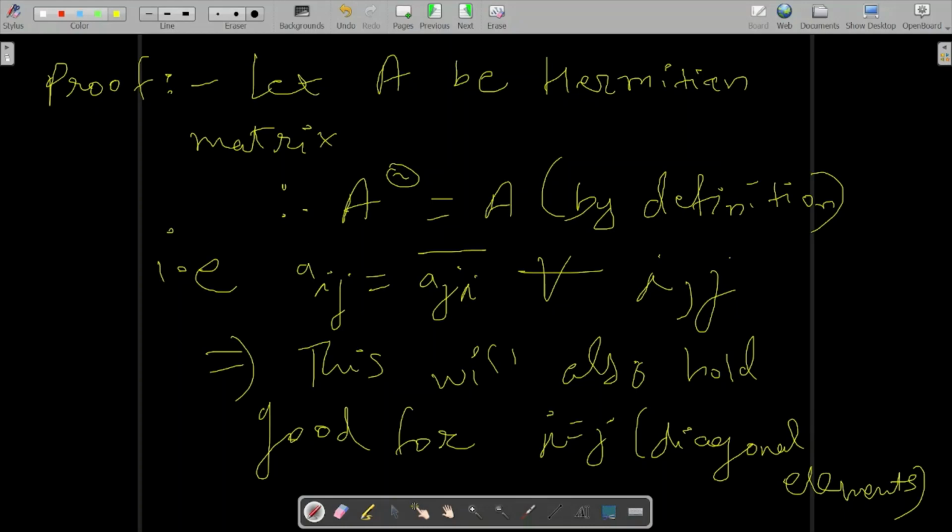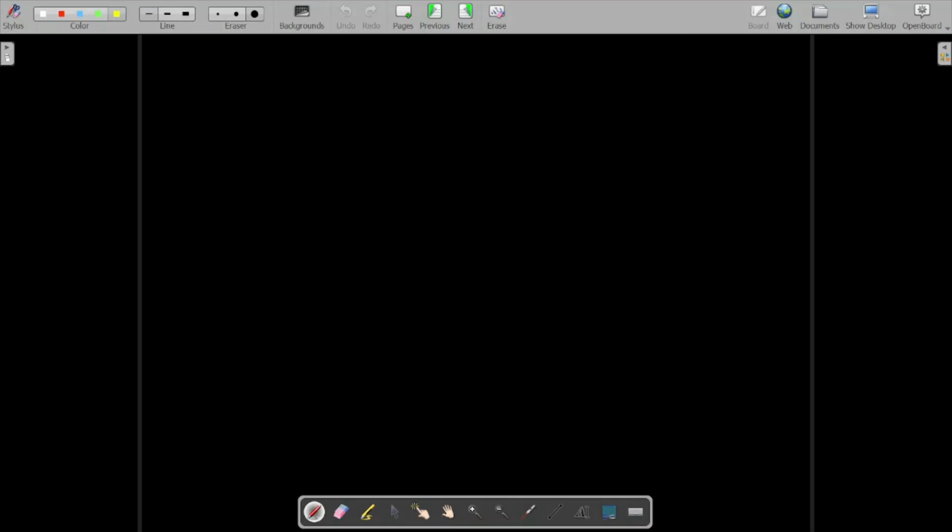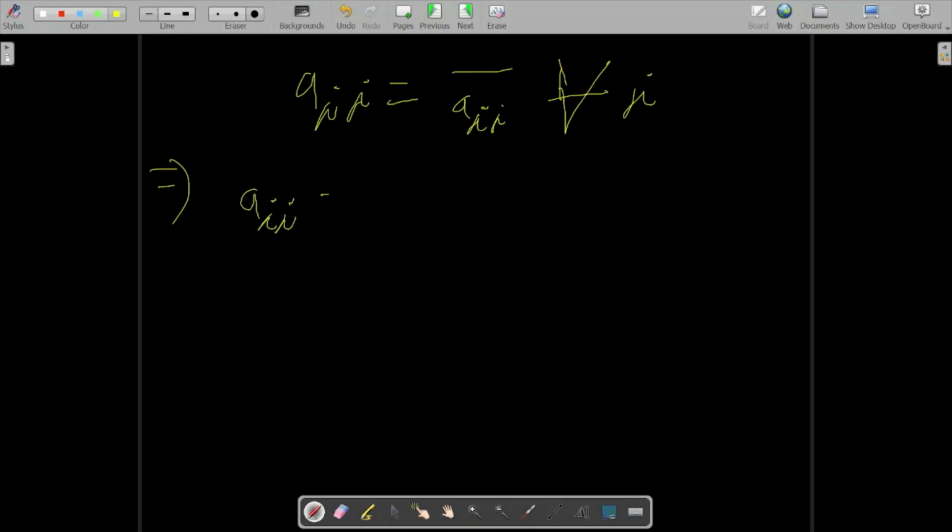What will happen then? Eventually aii will be equal to aii conjugate for all i, because i equals j. So that implies that aii is real for all i.